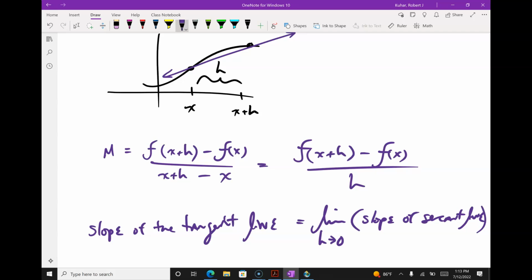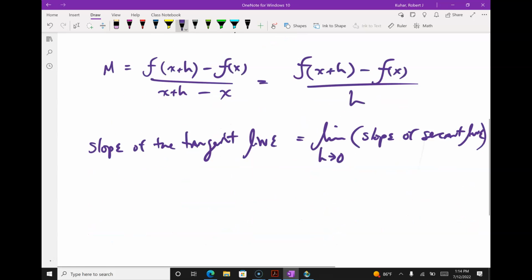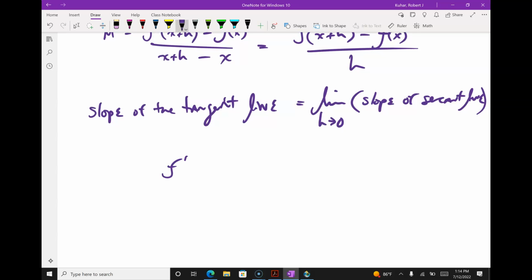We also like this: f prime of x equals the limit as h goes to 0 of f of x plus h minus f of x, all over h. And what is that f prime called?